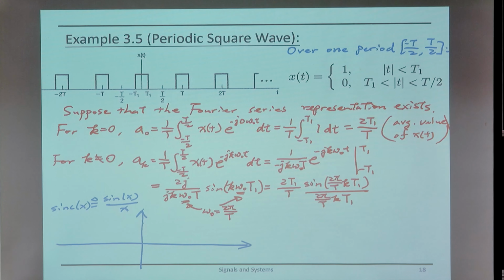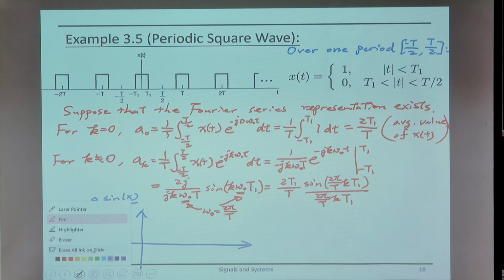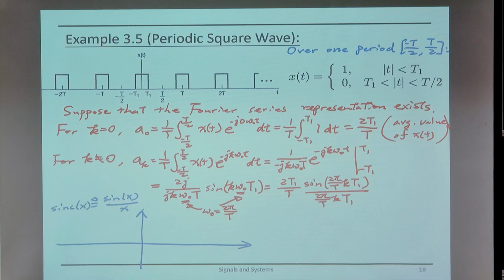So the sinc x, you would have a 1 at the origin, and then you have zero crossing points at integer multiples of pi: pi, 2 pi, 3 pi, and so on.